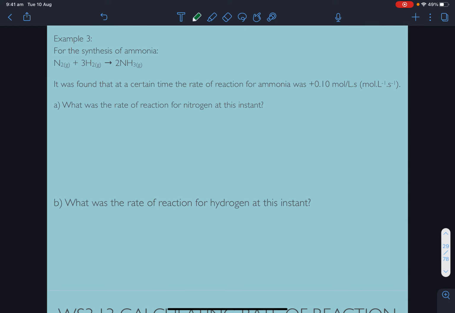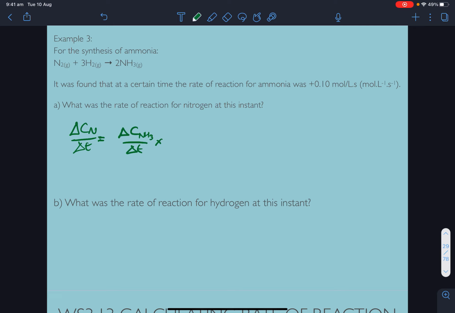Okay, for the synthesis of ammonia, what we were talking about earlier, it's found that at a certain time, the rate of reaction for ammonia was positive 0.1 moles per litre per second. What is the rate of reaction for nitrogen in this instant? Okay, so the rate of change in concentration of nitrogen over time is going to equal the rate of change of the concentration of ammonia over time, times the molar ratio.